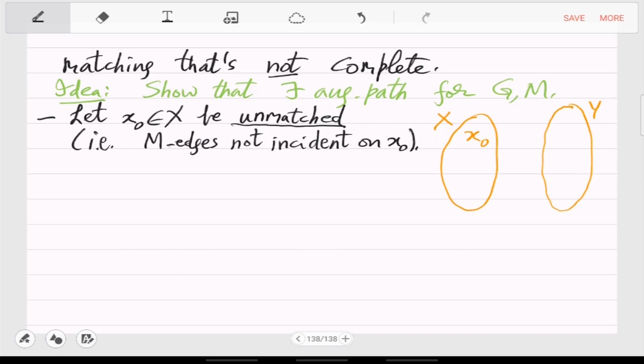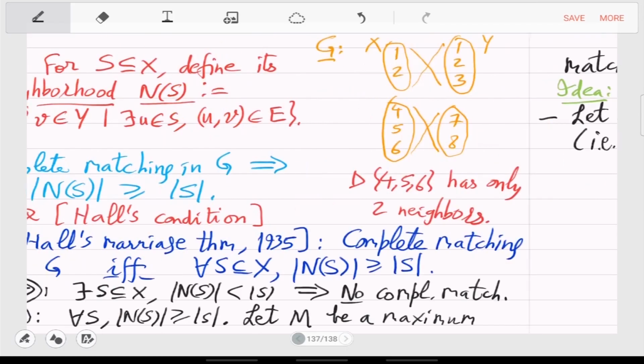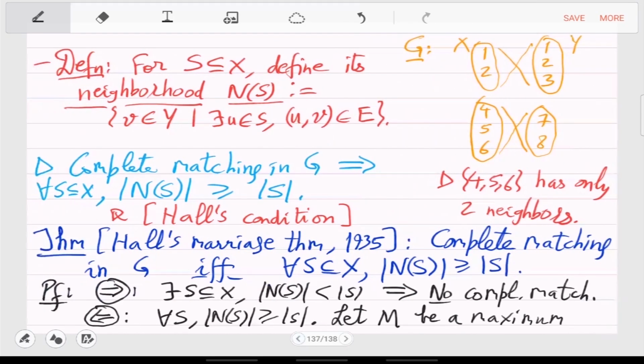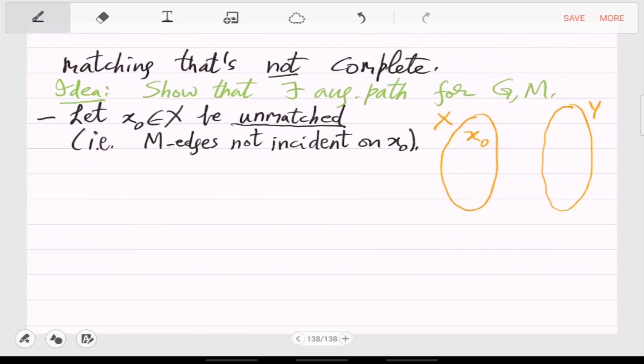And, what do you do with this? Do you have any promise that there is a neighbor of x0? Yeah, you have the promise, that is Hall's condition, right? So whenever we are with a vertex which seems lonely, there will be a neighbor given by Hall's condition. Hall's condition says that this x0 cannot be alone.